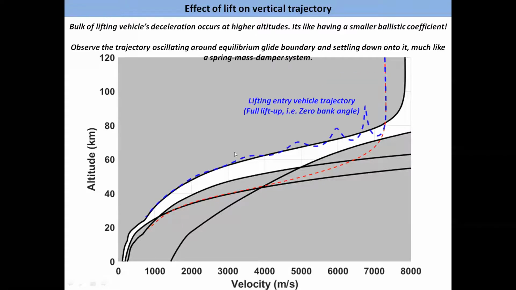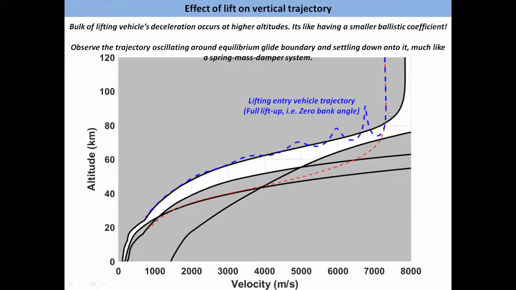But if you have lift along with it, say an L by D ratio of around 1 or 1.2, which is what I've taken here, with the full lift pointed up in the vertical plane, that is when you have a zero bank angle right from the beginning, what you see here is that the trajectory oscillates about the equilibrium glide boundary, and then finally settles down onto it.